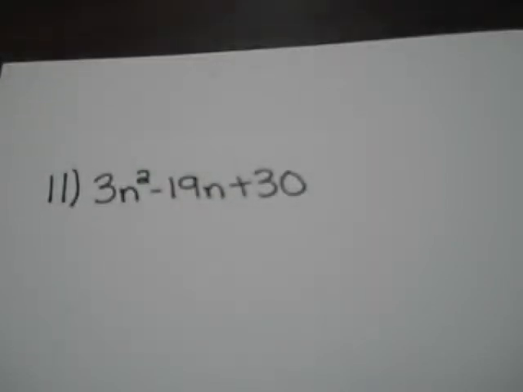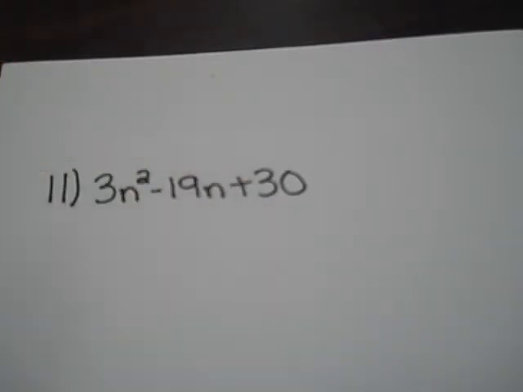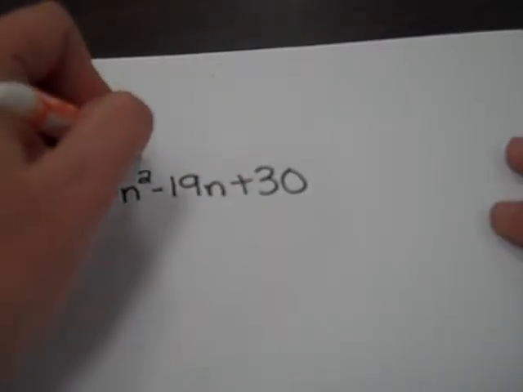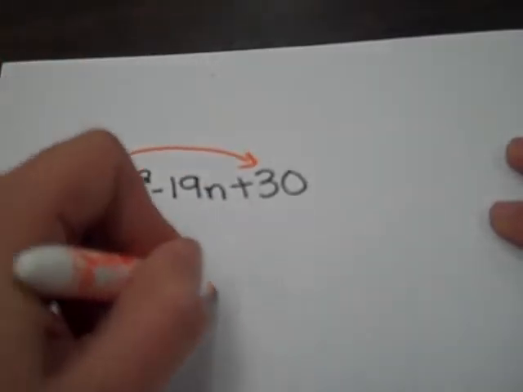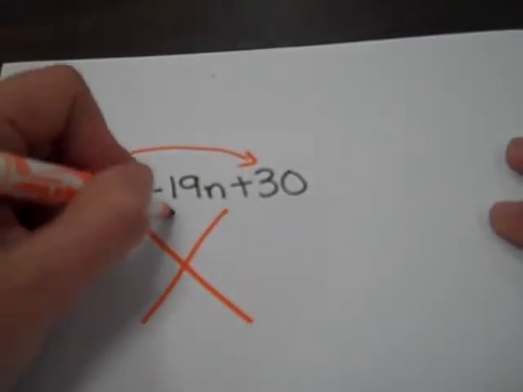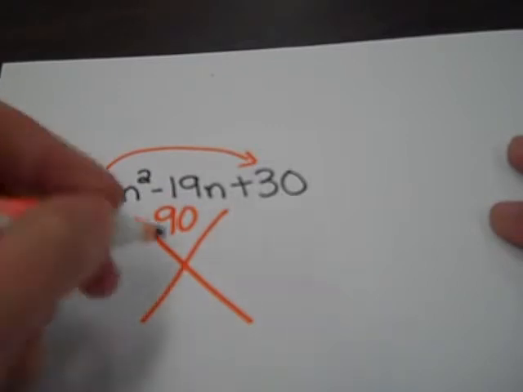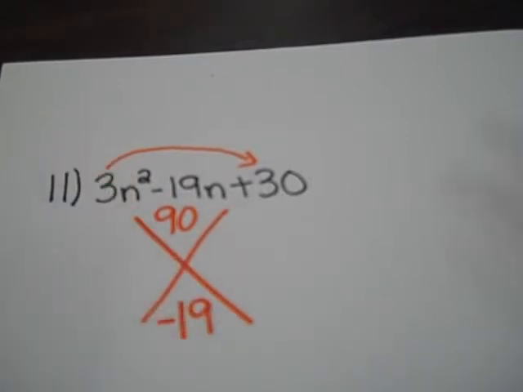Alright, number 11 tells us to factor completely. Alright, I'm looking at 3n squared minus 19n plus 30. I do not have any common factors that I can take out of any of those. So I'm going to slide. 3 times 30 is 90. And my b is negative 19.